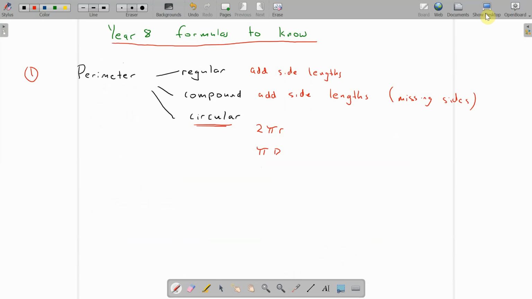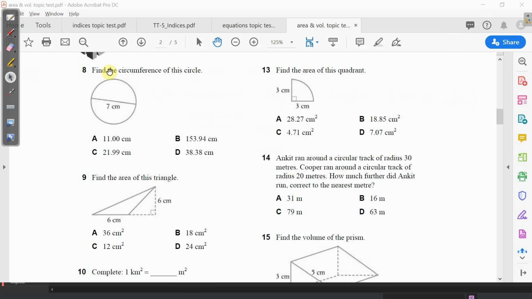So here we've got pi times 7, or 7 pi. Remember, pi is 3 and a bit, so 7 times that is going to be 21 point something. It looks like it's that one. So there are the first bits with circles and perimeter.